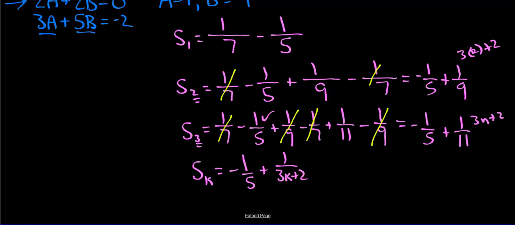That might be the formula we're looking for. We could try some others, but I think that's going to work out. Let's see if it works for the first one: 3 times 1 plus 2. That doesn't work for the first one, but it works for the others.